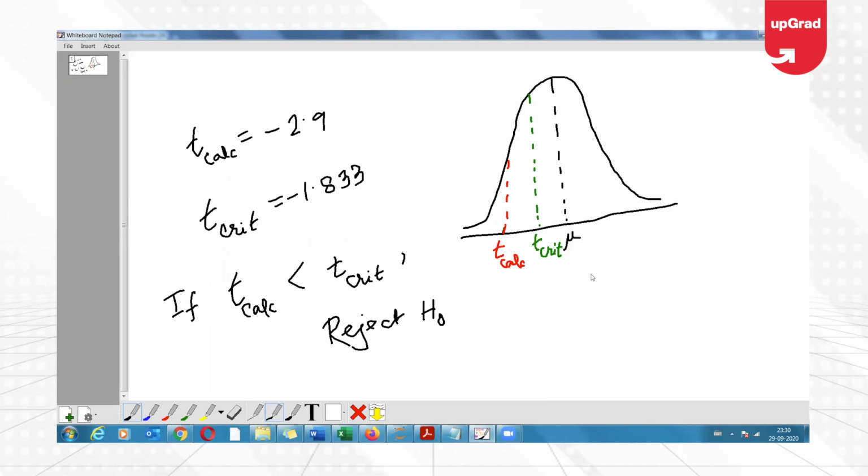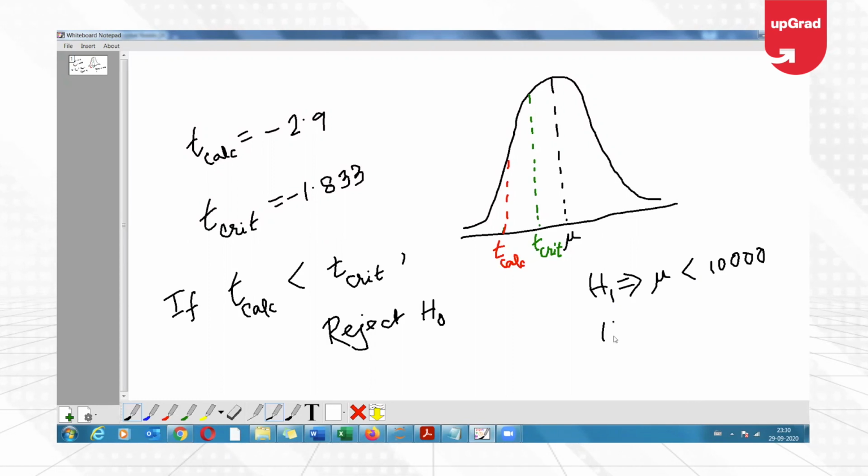So in my case, H1 was that mu is less than 10,000 and H0 is that mu is equal to 10,000.